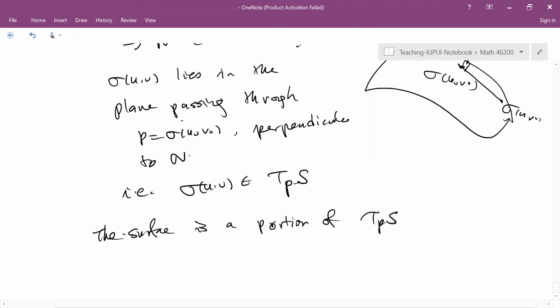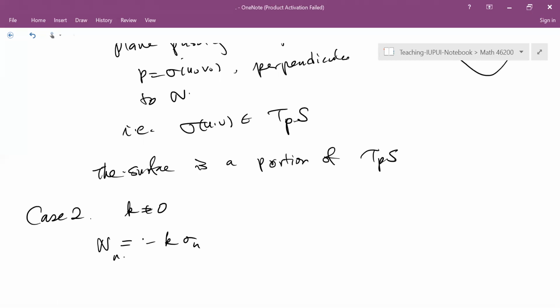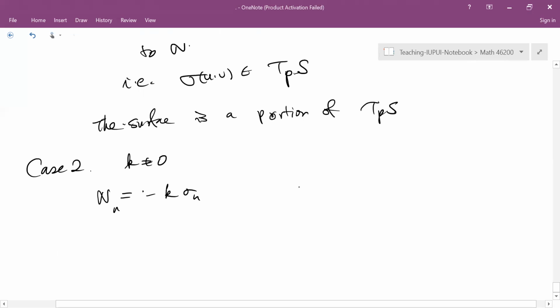Okay. So the next case is case 2, when k is not 0. Remember, N, we have this equation.